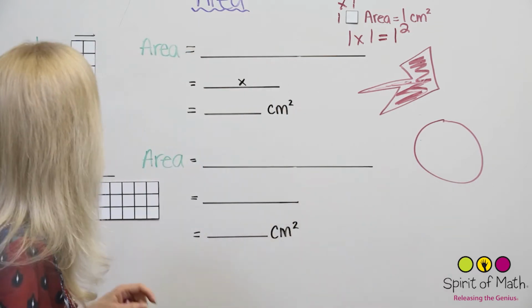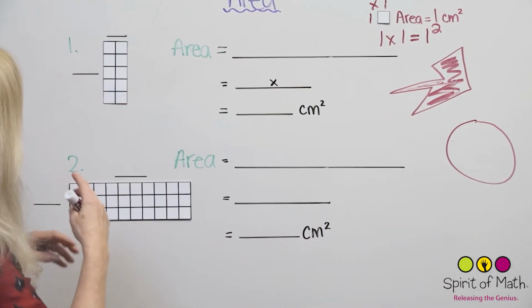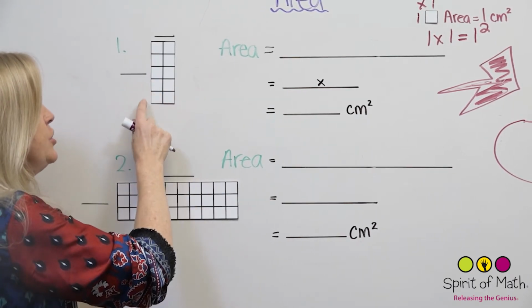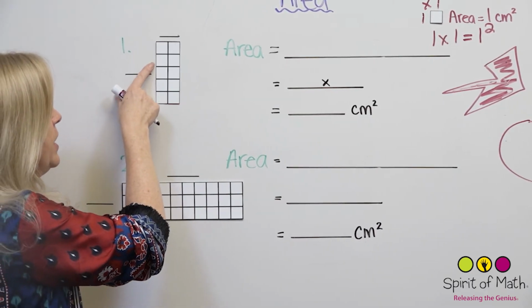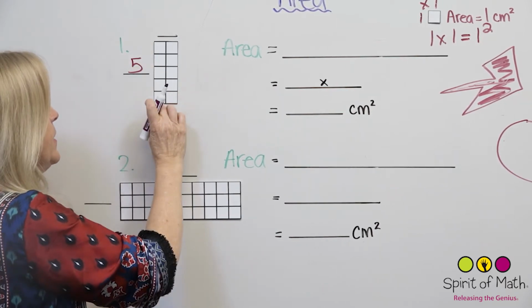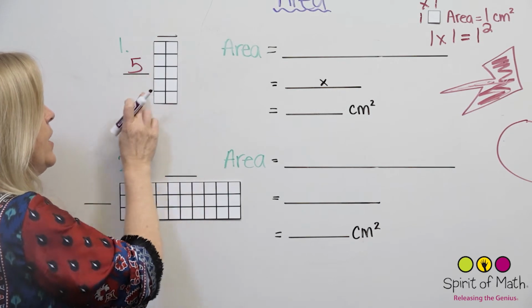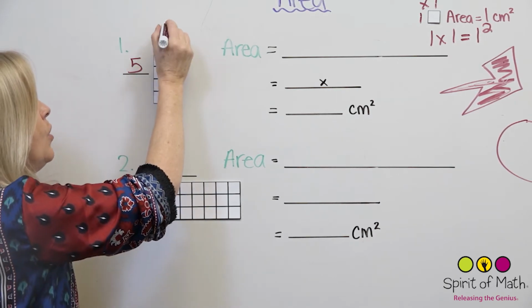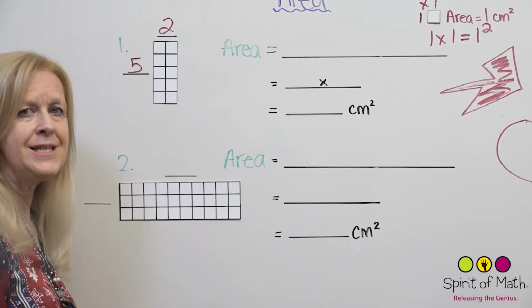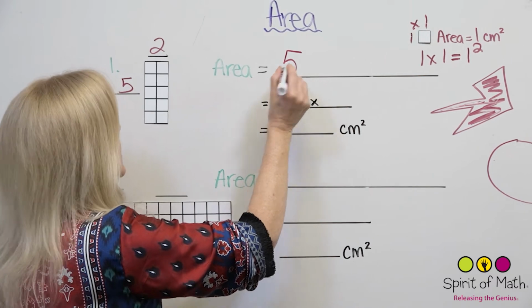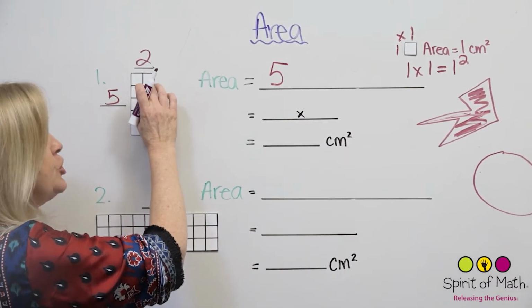So let's look at this one now. In this case, you start with this dimension, which is 1, 2, 3, 4, 5 up. So you say 5, a length of 5 up, and 1, 2 over. So this is the same as saying 5 by 2, okay?